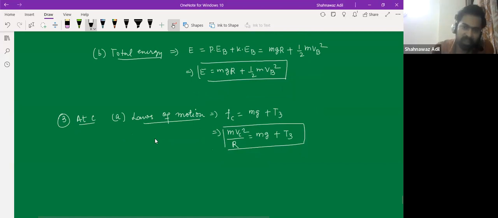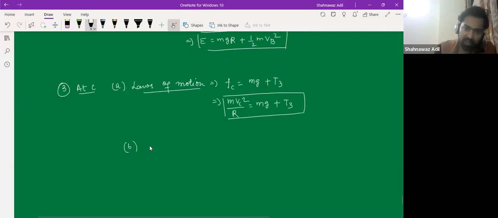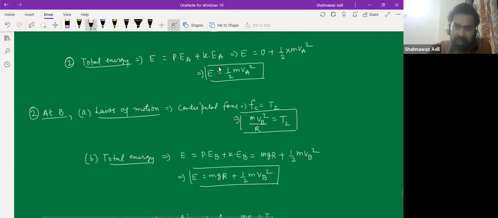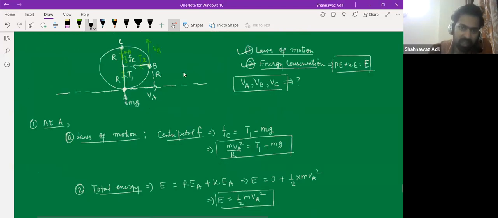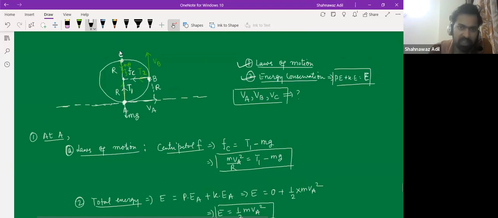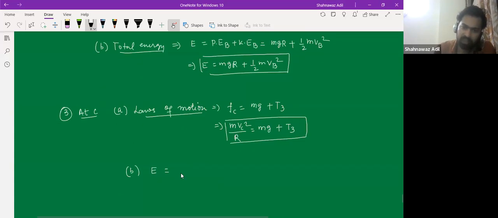And if I use the total energy, so how much would be the total energy? This thing is simply, so total energy at this point, potential energy at C plus the kinetic energy at C. So this is mg and 2r plus half mvc square.